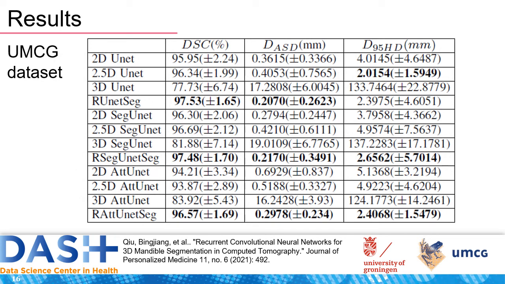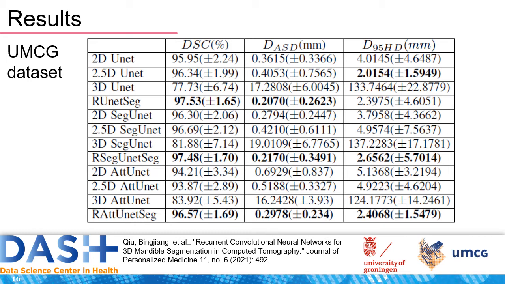In general, our proposed approaches outperformed the other basic methods on mandible segmentation. For the dice score, all the RCN-based approaches perform better than the other basic method, with an improvement of at least 0.79%.